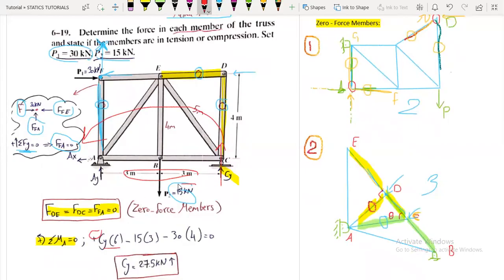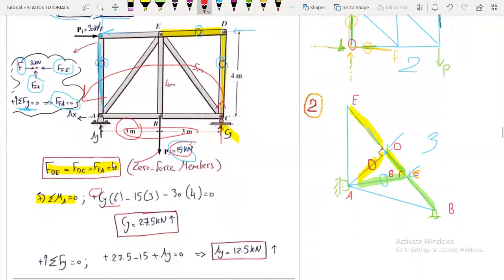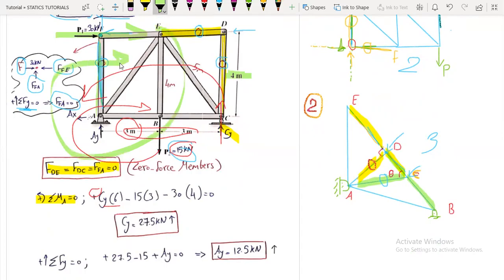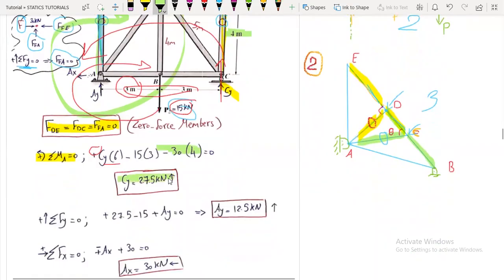And we have this force 15 kilonewtons, the distance is 3 meters, rotating clockwise, so it's negative. Finally, we have this force 30 kilonewtons, and the perpendicular distance is 4 meters, rotating clockwise, so it's negative. So minus 30 multiplied by 4 equals 0, and we'll get the reaction Cy to be 27.5 kilonewtons acting upwards.